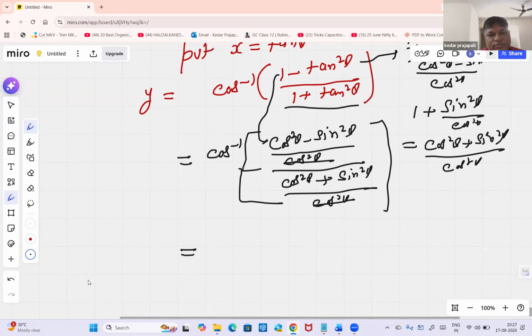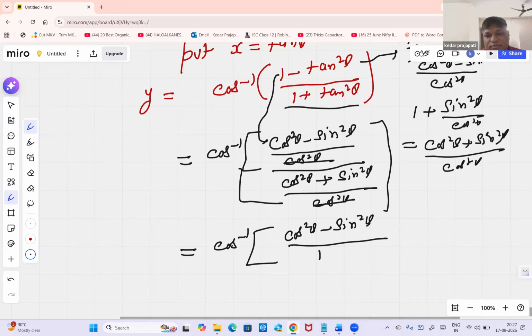So this will become cos inverse of (cos square theta minus sin square theta) by 1, since cos square theta plus sin square theta is 1.